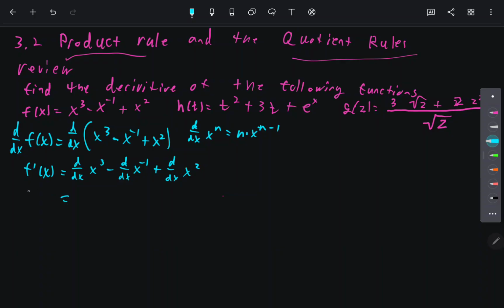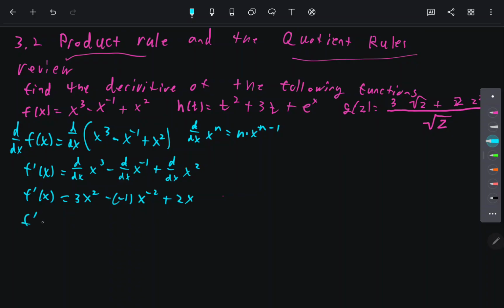So using this, we can now differentiate the following function, and we get 3x squared minus negative 1 x to the negative 2 plus 2x.